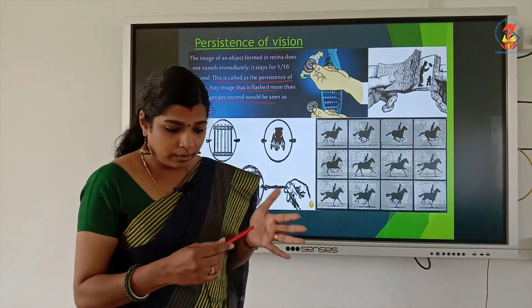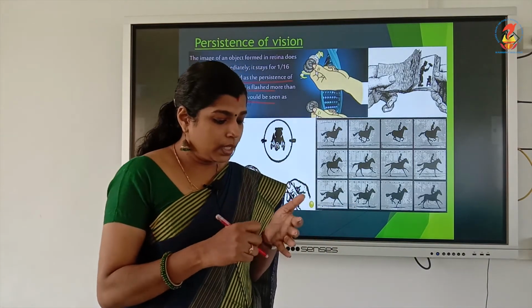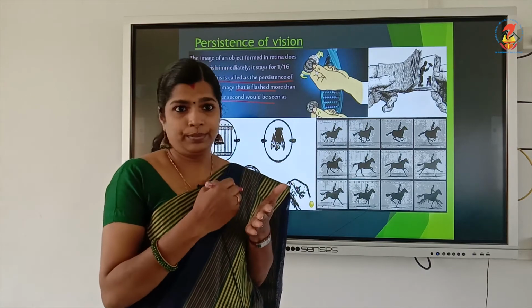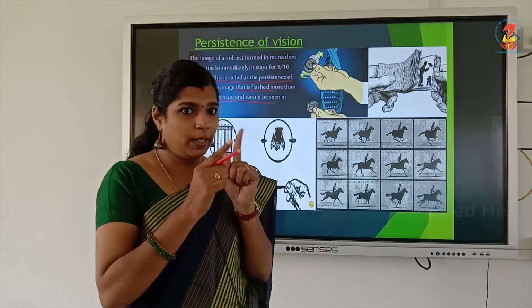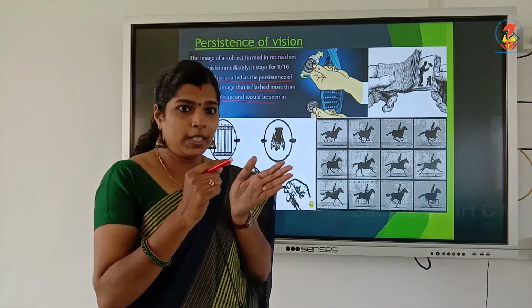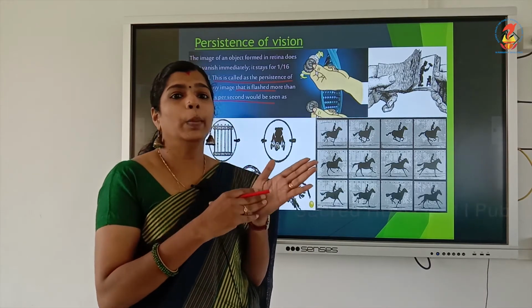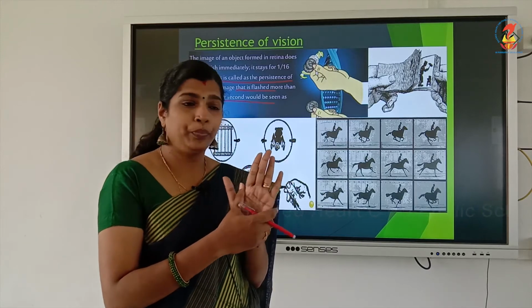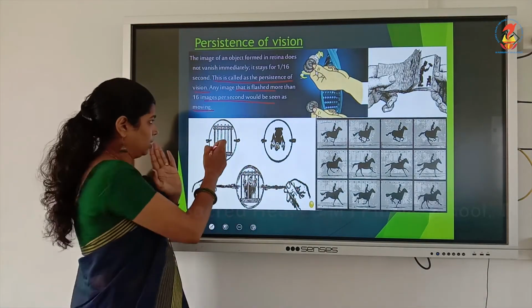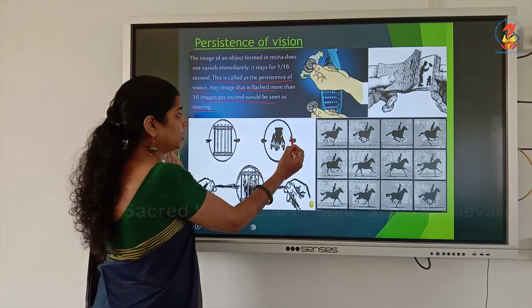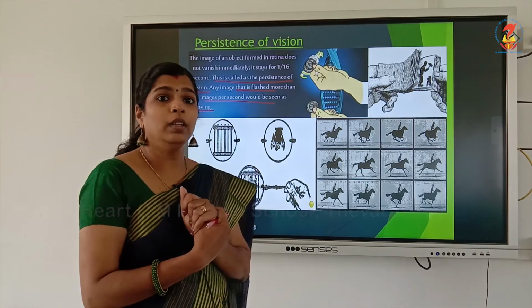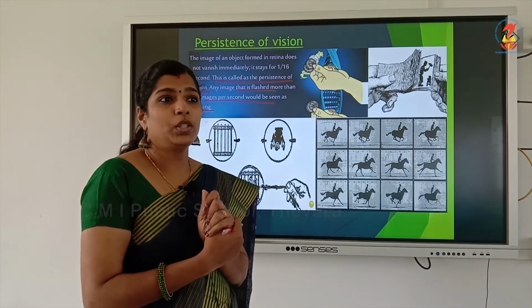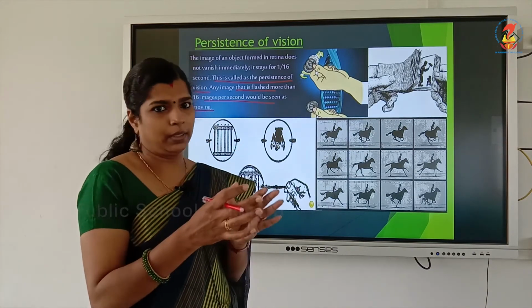Here an activity is there. You can take a circular disc made up of cardboard, and so two sides will be there. On the one side you will paste a drawing of a cage like this. On the other side you will draw a picture of a monkey or a bird.